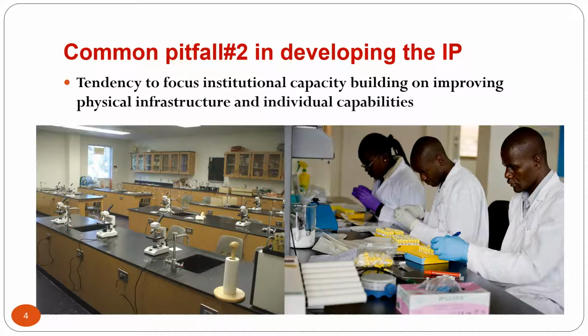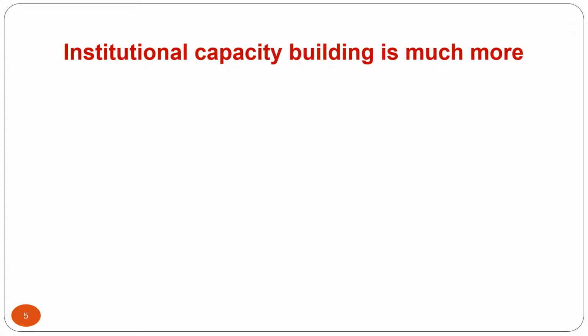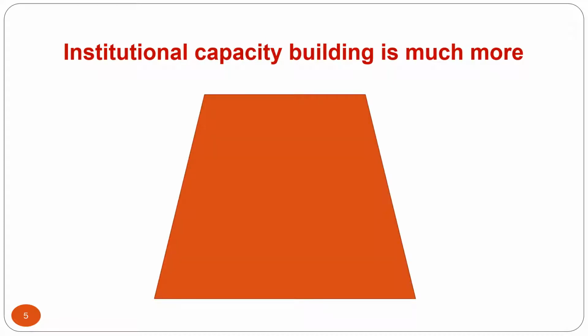But remember that there is a lot more to institutional capacity building than just having excellently equipped lecture halls and laboratories. So scholars see this as a pyramid, where the top is the tools.